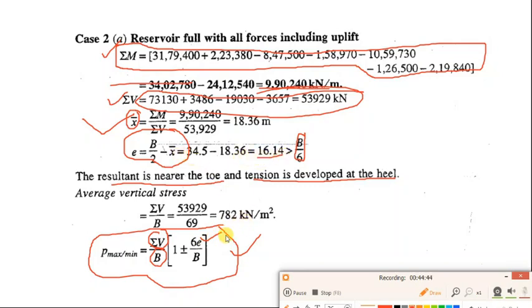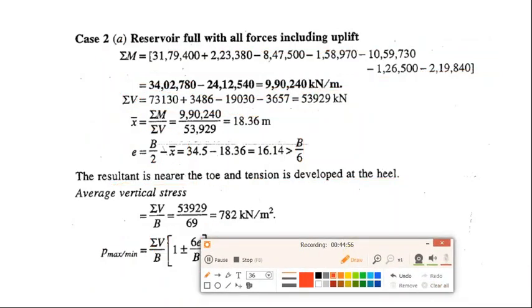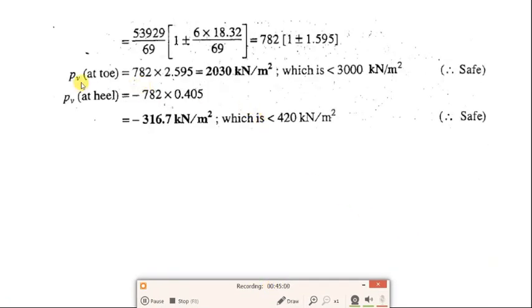The plus sign is compressive, so PV is compressive near the toe, and PV at the heel is tensile.